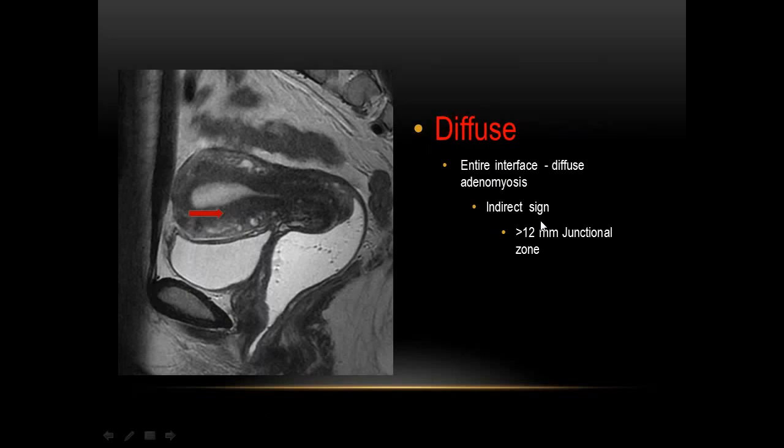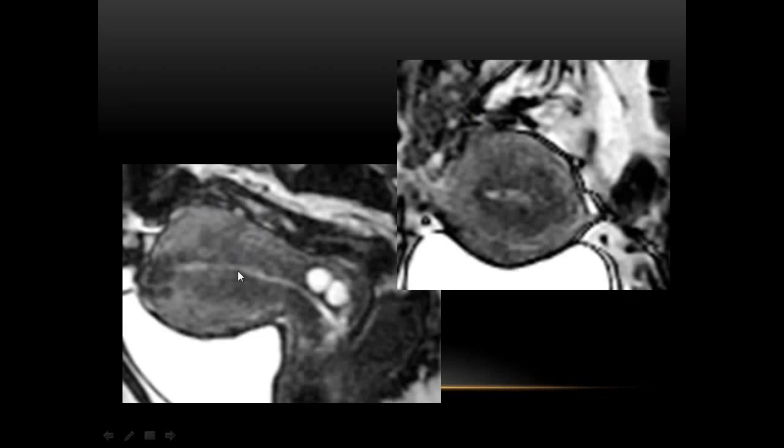This is an indirect sign in which the junctional zone has increased in diameter and is greater than 12 millimeters. This is just another example of the junctional zone to be thickened greater than 12 millimeters here, measured here.